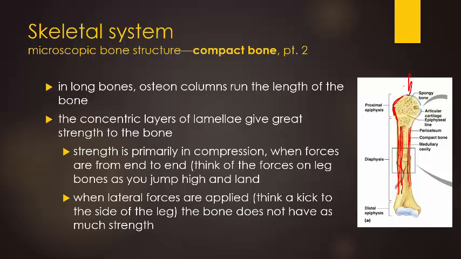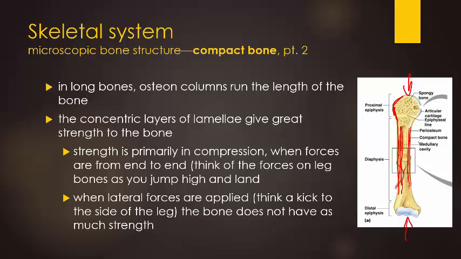So when I jump up and down, or if I were to grab or lift or hoist something over my head, this is the humerus here. So this shaft region of the bone is very, very strong, especially in compression.